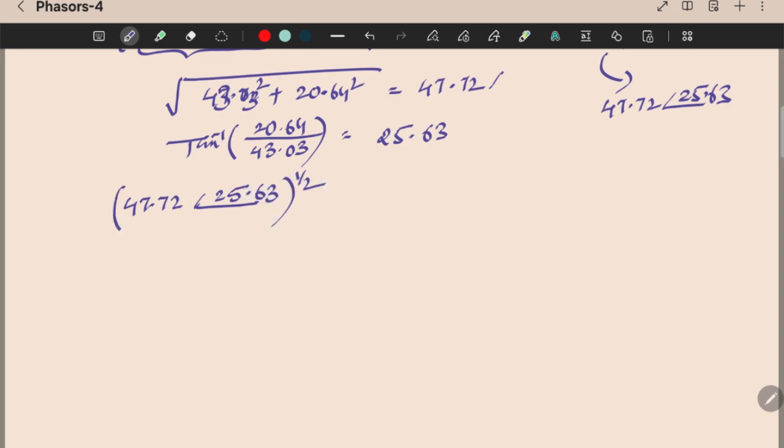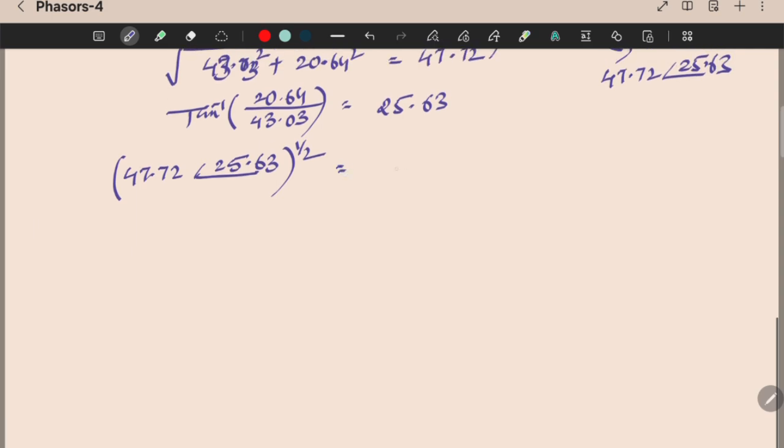Here one more interesting thing is, it is now in the form of r at an angle of theta, but power 1 by 2 is there. As I said, r is a real number, r power 1 by 2 you can calculate, but what about theta? Theta power 1 by 2 we cannot write. What can we write? It is theta by 2.